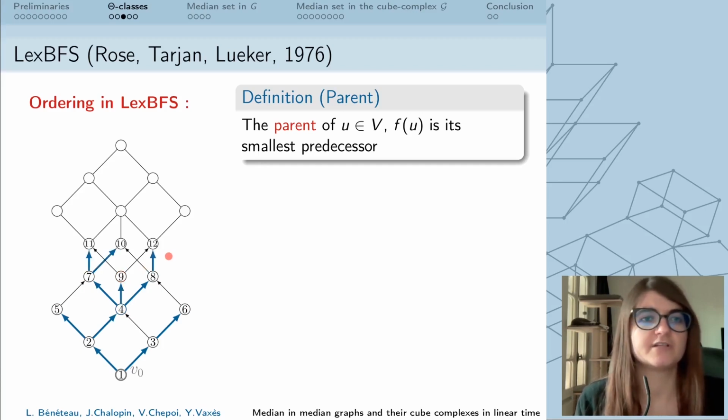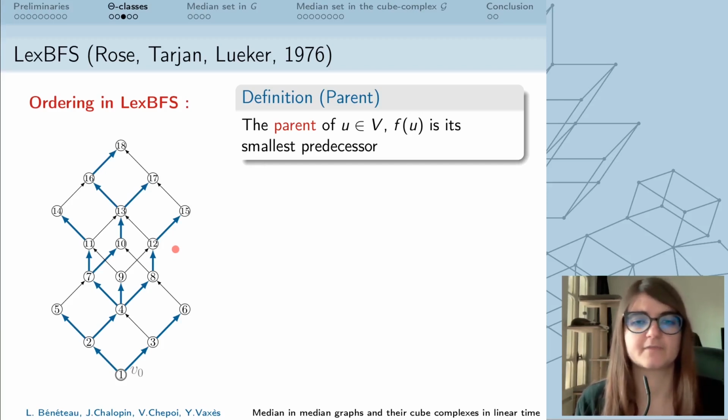So we do it for each vertex, and in the end we have our LexBFS. The LexBFS has a linear implementation. We call the parent of a vertex its smallest predecessor, and from now on, if there is a blue and bold arrow between two vertices U and V, it means that U is the father of V.